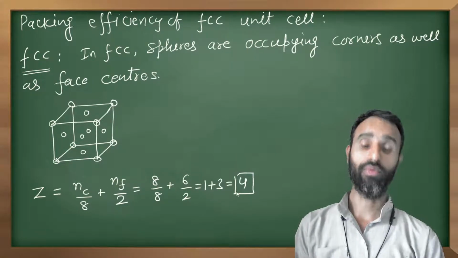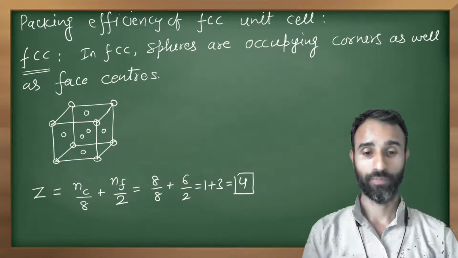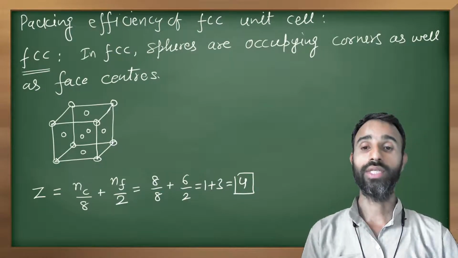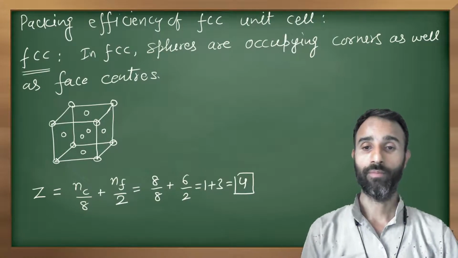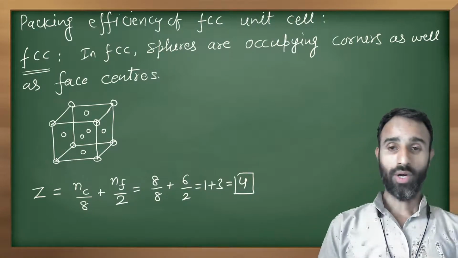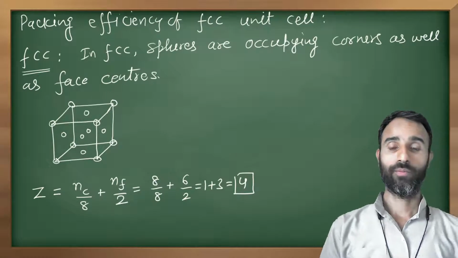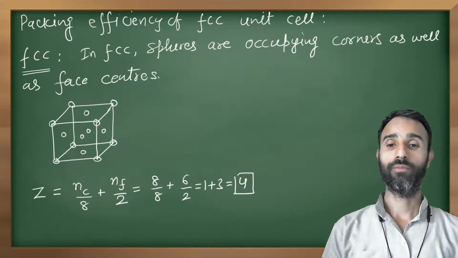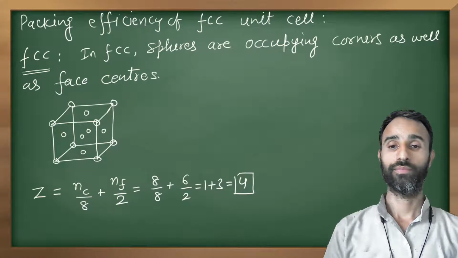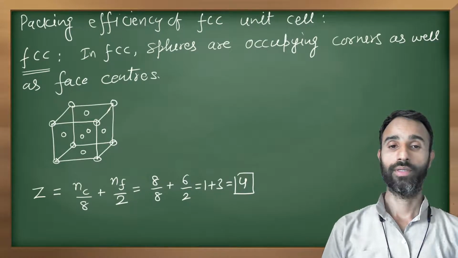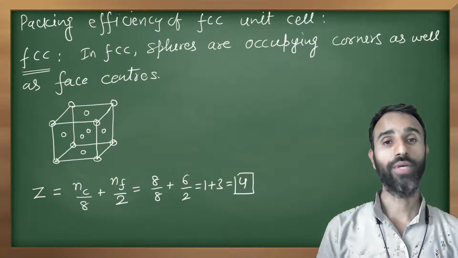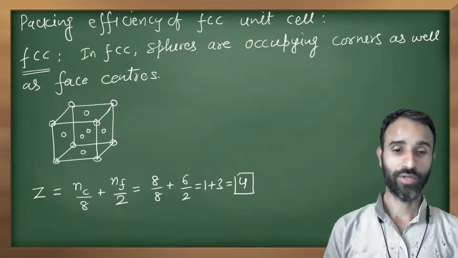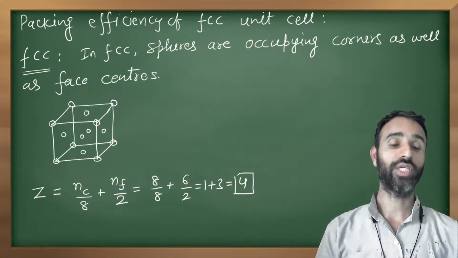So Z for FCC is 4. Okay. Now next part is the relation between R and A. So let's find out the relation between R and A.